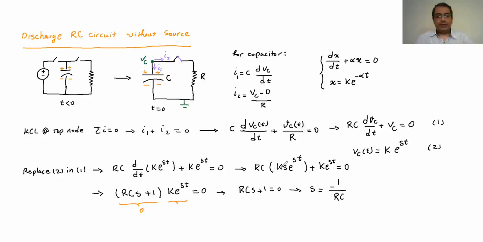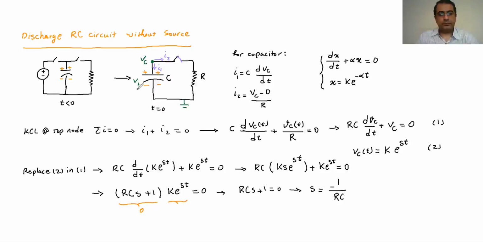To find the K, look at here. I know that at time 0, this capacitor is fully charged, and whatever voltage it has, assume it is the initial voltage. So I'm going to put it VI here, at time 0.